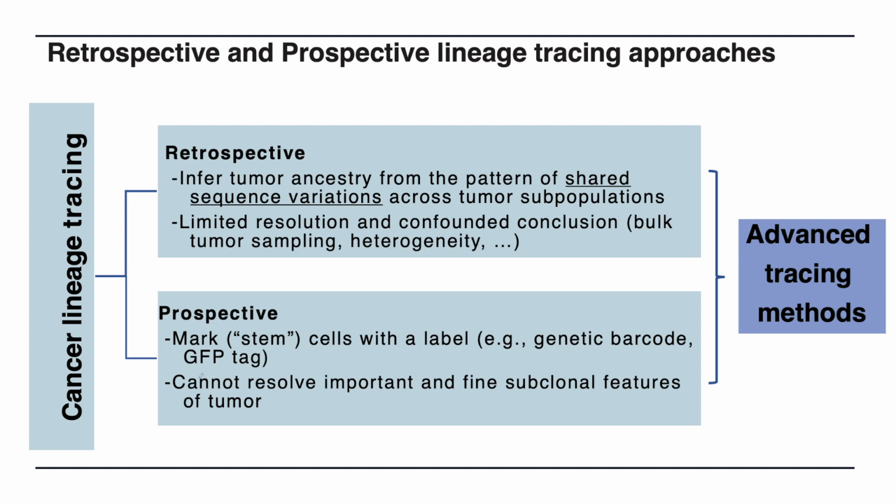Researchers have employed different methods to trace the transition of cancer cells, which can be mainly divided into retrospective and prospective approaches. The retrospective approaches check the shared sequence variations in subpopulations to infer tumor ancestry. But this method has technical limitations, such as low resolution and heterogeneity in bulk tumor samples.